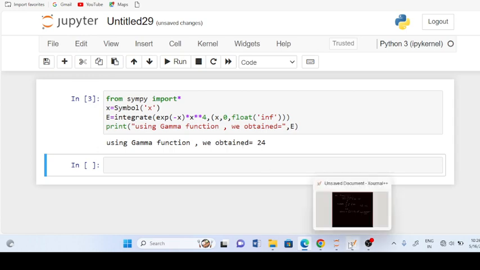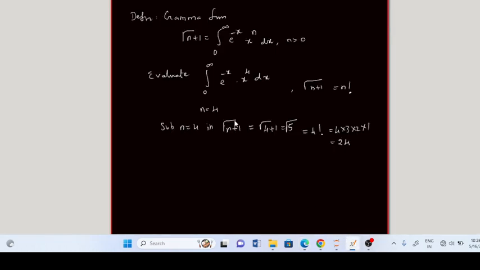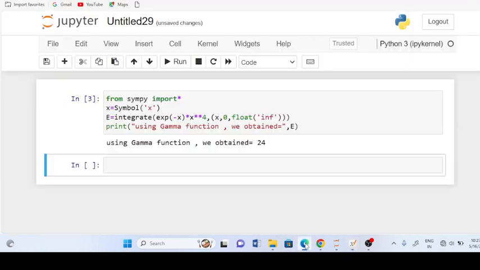So as we have discussed here, by using the definition we are getting gamma n plus 1 equal to gamma 5. Gamma 5 can be written as 4 factorial. We are getting 24. So here we have done using Python programming to find out the answer.